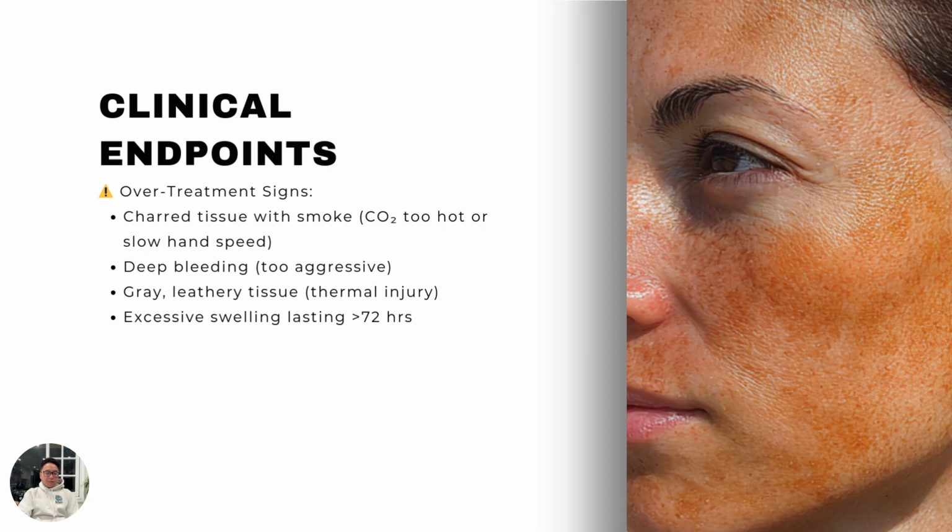Deep bleeding means your setting is too high, so it's penetrating way deeper and now affecting the subcutaneous layer, which is the last layer of the skin. In the worst cases, you notice the skin turn gray and feel like leathery tissue. This is a result of thermal injury, still related to overheating.